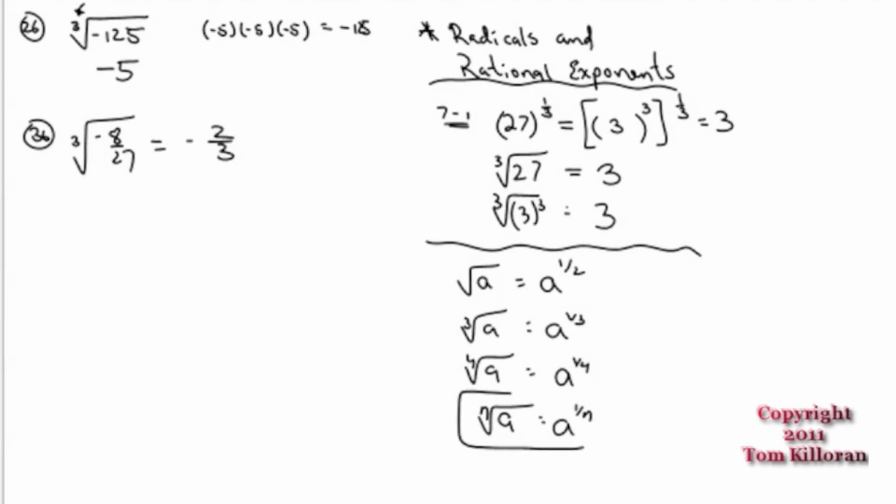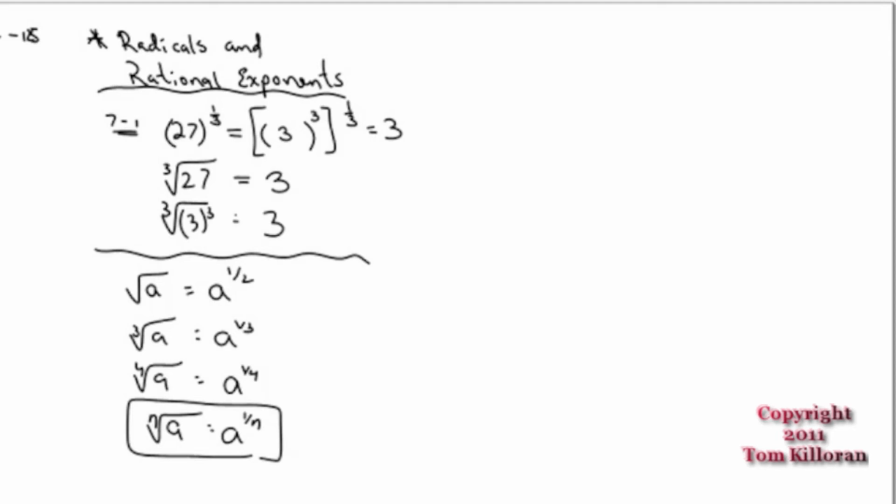This one you have to be a little careful with. So let me write it down again. If you have the nth root of a, it's equal to a to the 1/n. If n is odd, a is any real number.